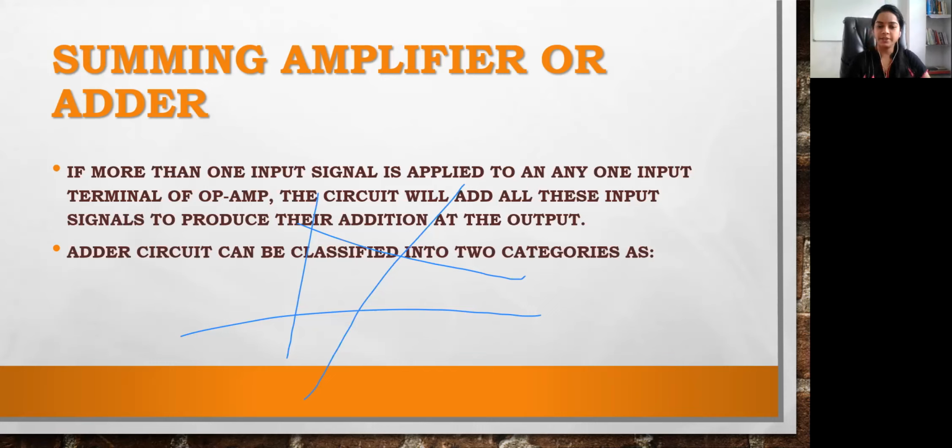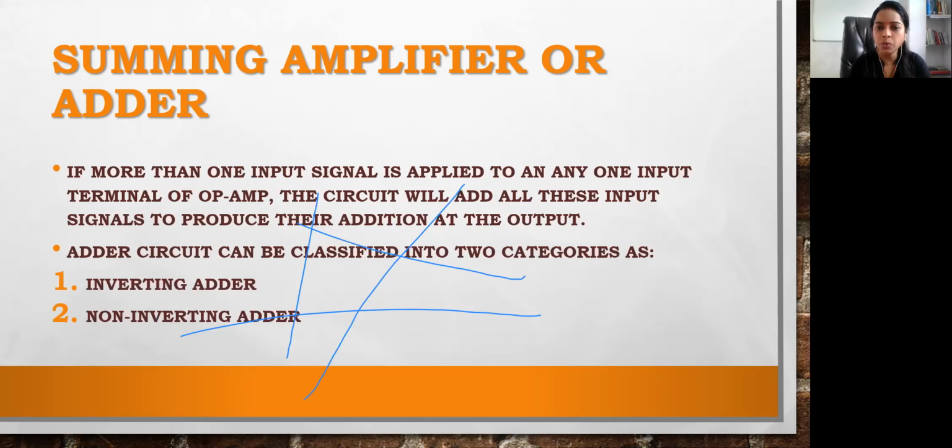The adder circuitry can be an inverting adder or a non-inverting adder. According to our application or our previous circuits, we will design this adder in two configurations, inverting and non-inverting mode. Whatever your requirement is, we can design the circuitry accordingly.